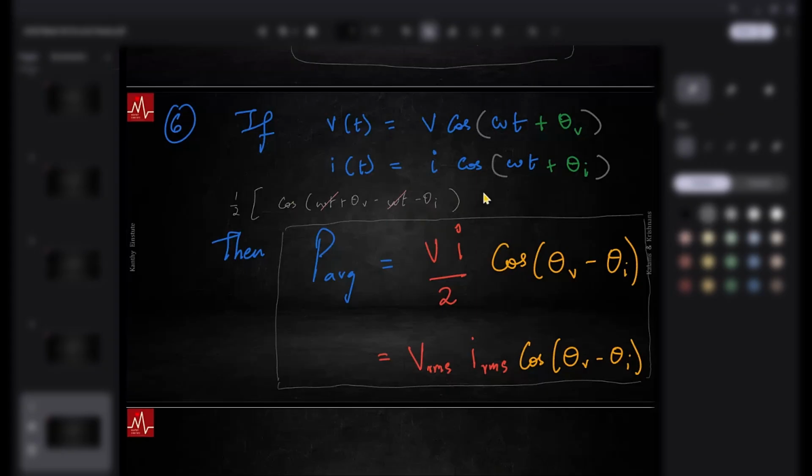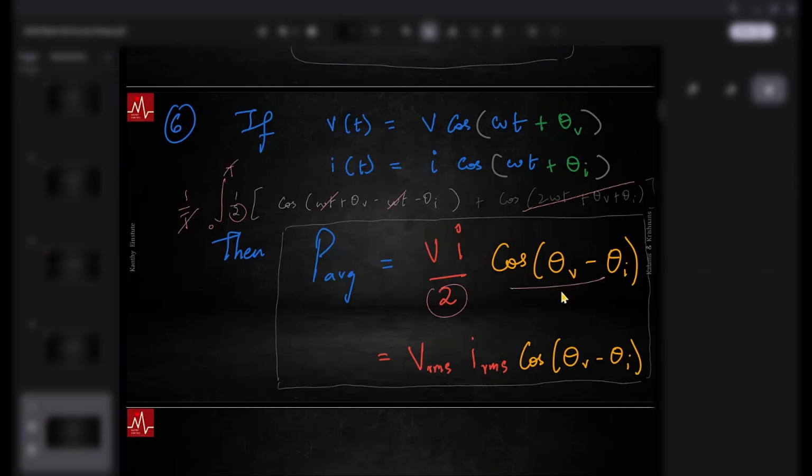And then there will be one more term, plus cos of (2 omega t plus theta v plus theta I). When you integrate it, 1 by T from 0 to T, this is a sinusoidal, this will be 0. And there is a constant, pull it out. This half showed up here. Then the T and T will cancel. What is left is cos(theta v minus theta I). I've also shown you the definition, derivation.